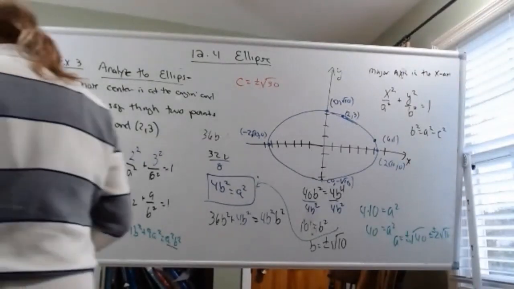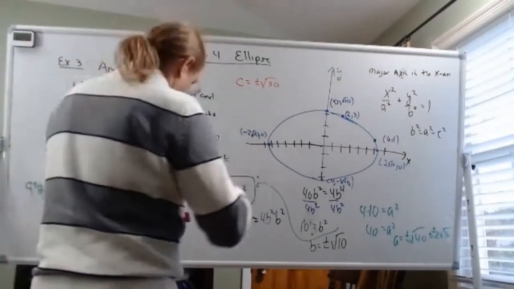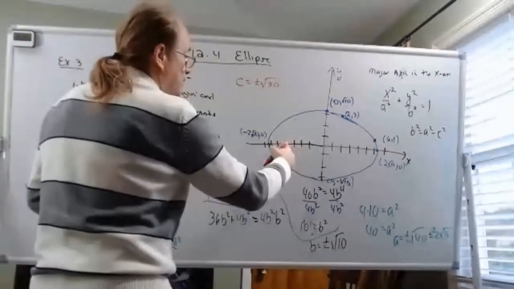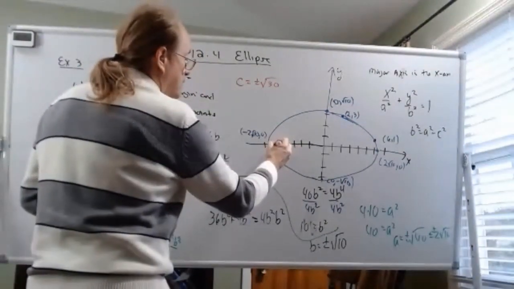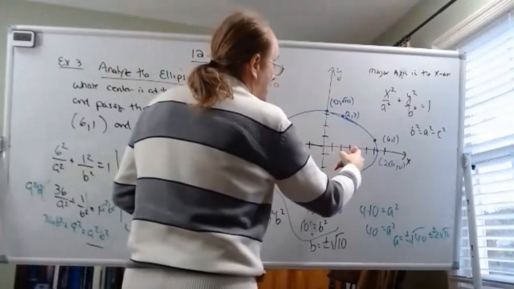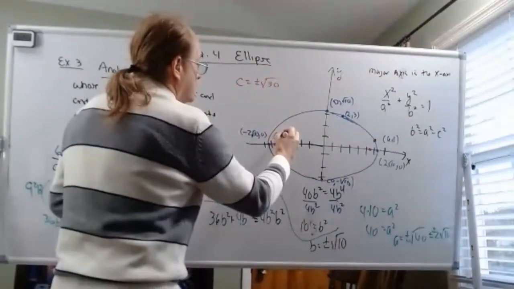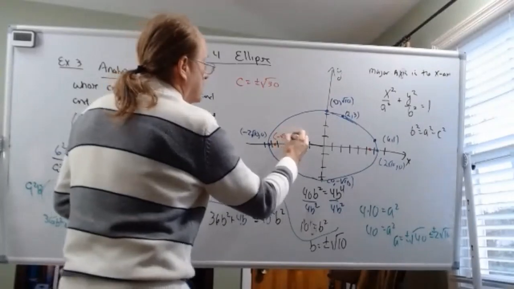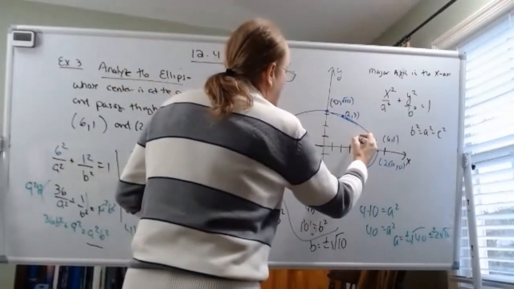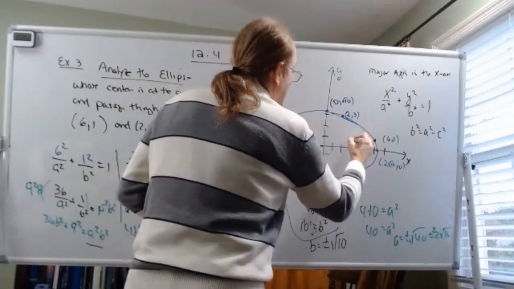And roughly that's about 5.47. So over here, 1, 2, 3, 4, 5, right about here, and almost halfway there. So it's minus the square root of 30, comma 0, and plus the square root of 30, comma 0.